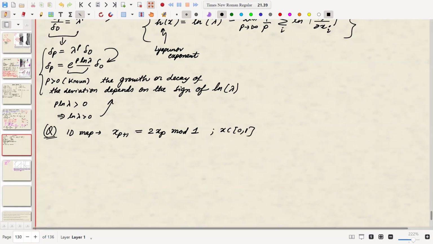Just so that you have a taste of these dynamics, take x naught to be 0.4. What is x1? This is an exercise for you. We will calculate the Lyapunov exponent for this function.